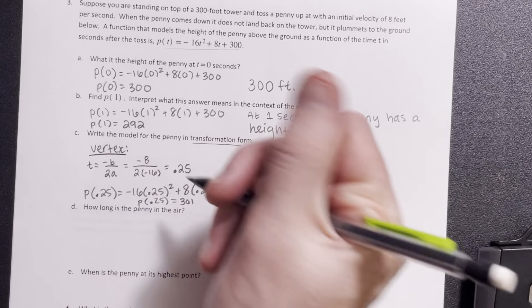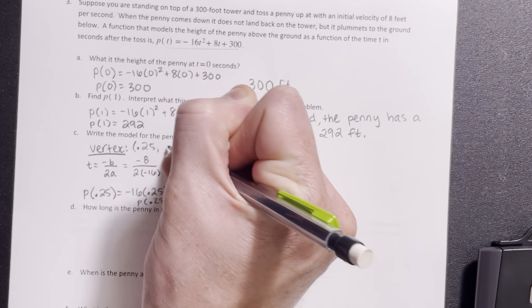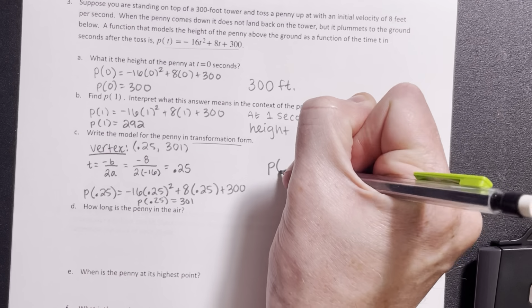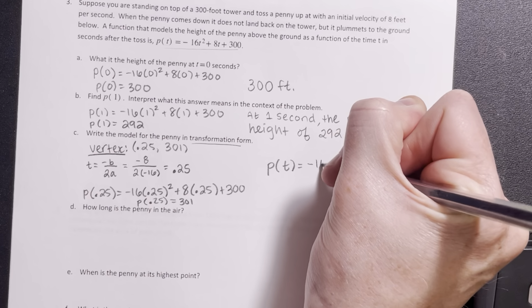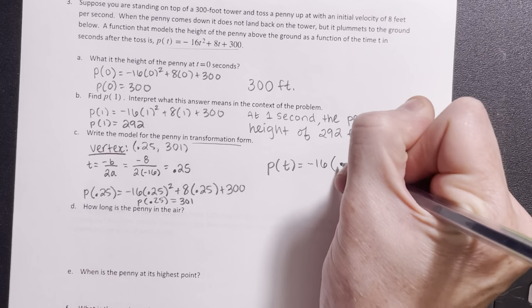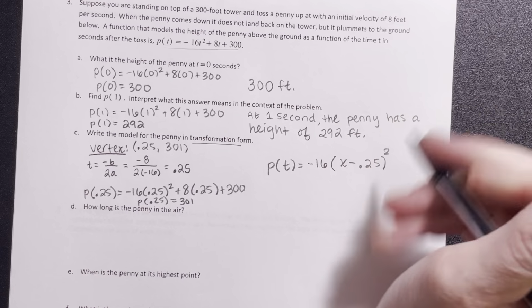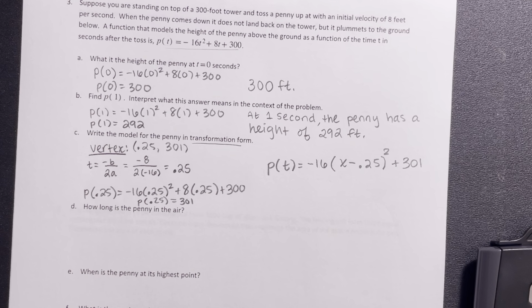So the vertex was 0.25, comma 301. That's still not the actual question. The question is to write it in transformation form. So I'm going to rewrite that P of t function as negative 16 parentheses t minus 0.25 squared plus 301. We're using our vertex to convert it to vertex form.